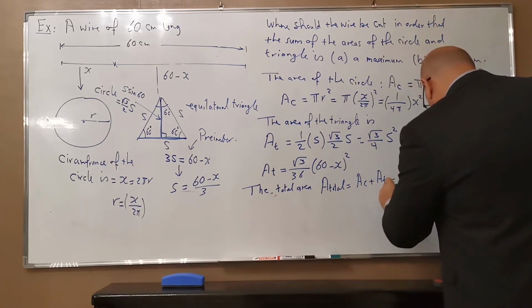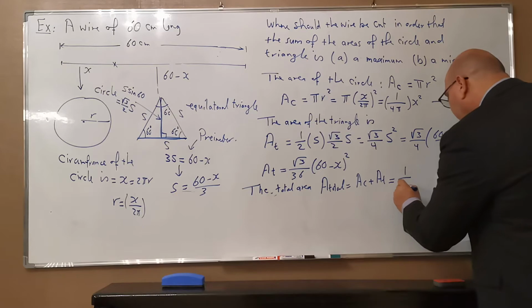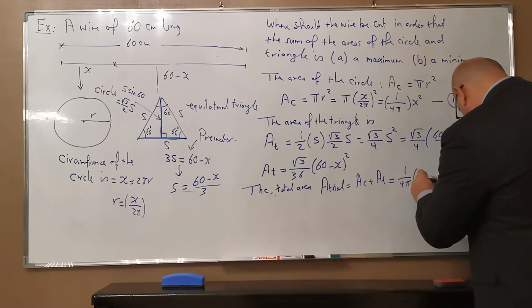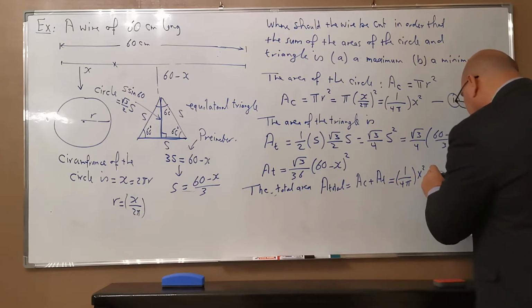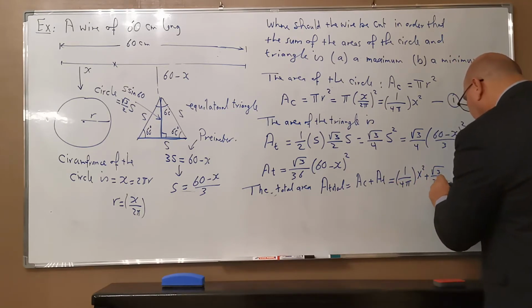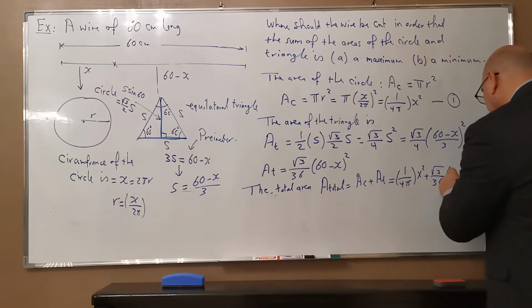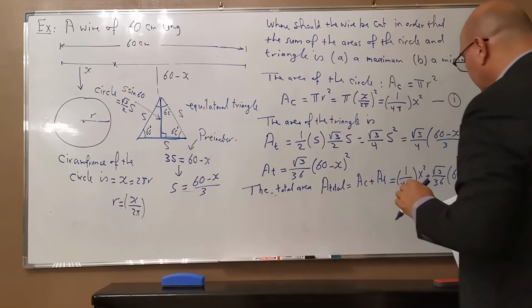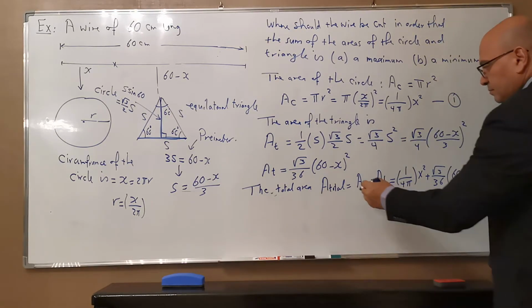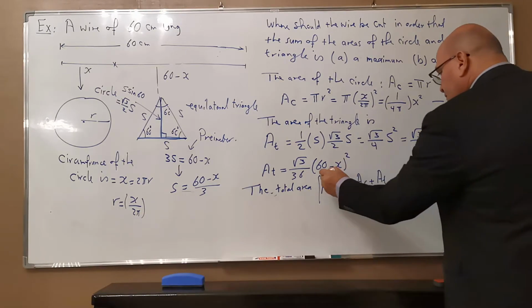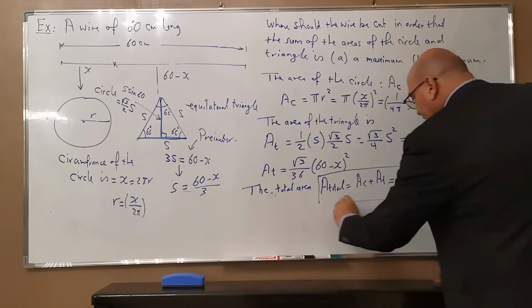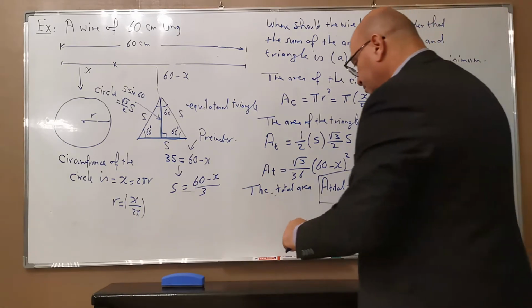And this equals 1 over 4 pi x squared plus square root of 3 over 36 times (60 minus x), the whole thing squared. So this is our formula for the total area. Okay.